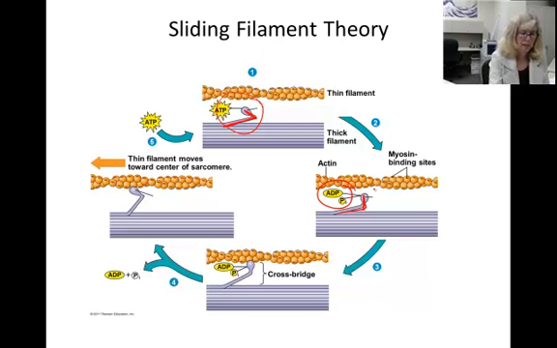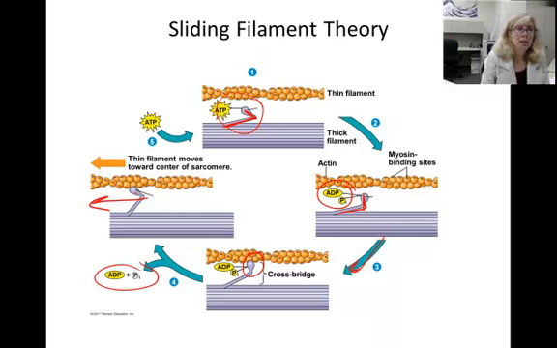The myosin head is then able to bind to actin. When ADP and Pi are released, this causes the myosin to pull on the actin, and that contracts the muscle.